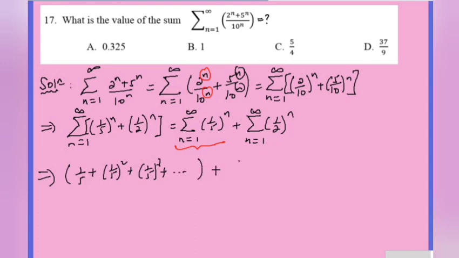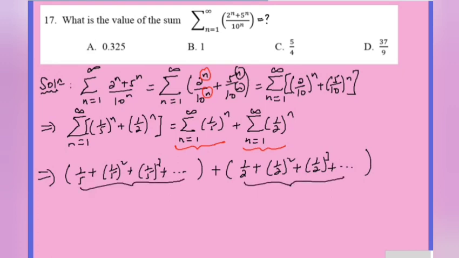These are infinite terms. For the second summation, let's take another bracket: 1 over 2 plus 1 over 2 squared plus 1 over 2 cubed, and so on. In both cases, these are infinite geometric series because the ratio of consecutive terms is constant. Therefore, we use the first term over 1 minus r.